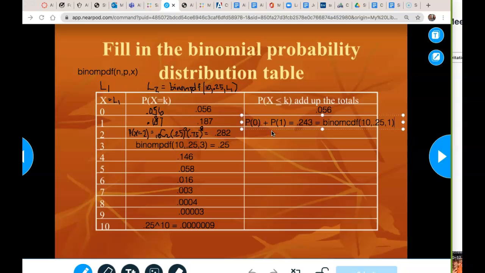If I use my list, I'm going to go into list 3. I'm going to clear what's in list 3, and in L3 I'm going to do binomial CDF. So I press enter on list 3 and go to second vars and go to binomial CDF. n is 10, p is 0.25, x value is list 1.